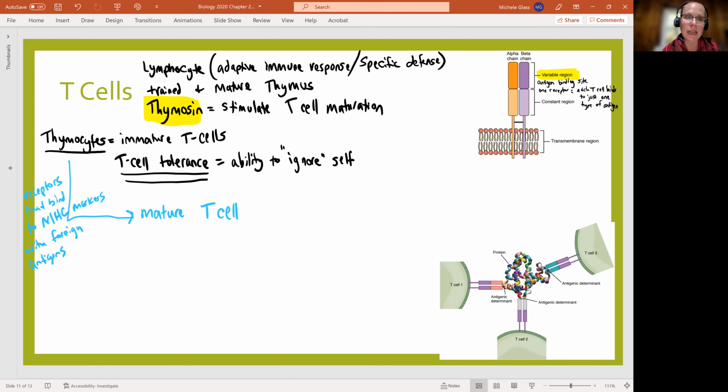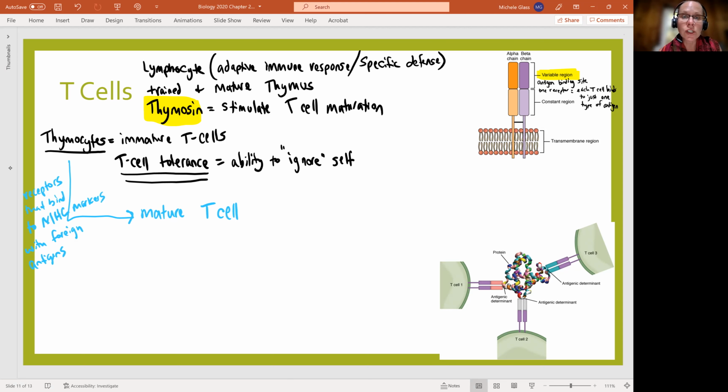Okay, so let me say it again. During the training process, thymocytes are given the opportunity to bind to different cells. And some of those thymocytes will bind to your cells, and those thymocytes are destroyed.